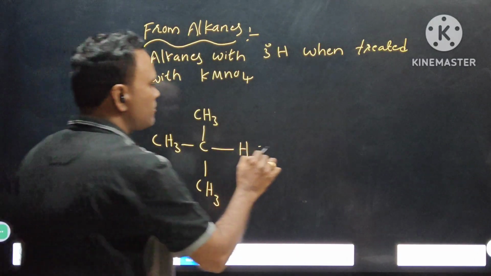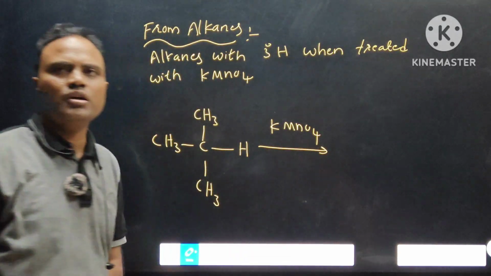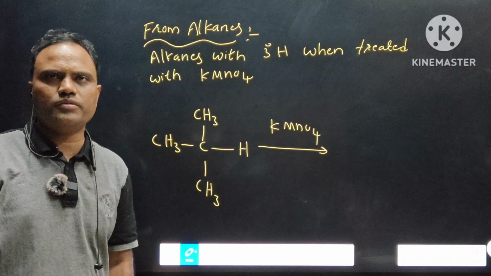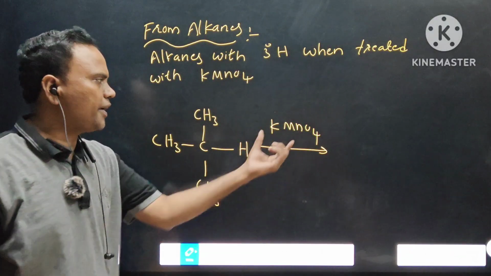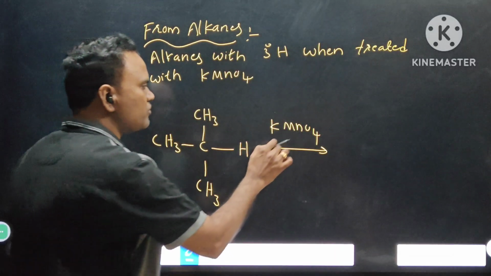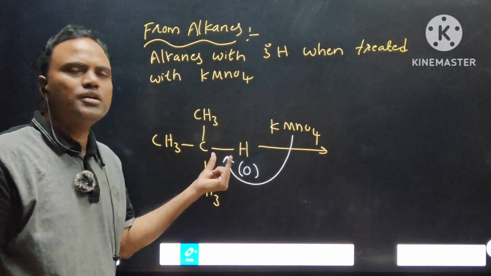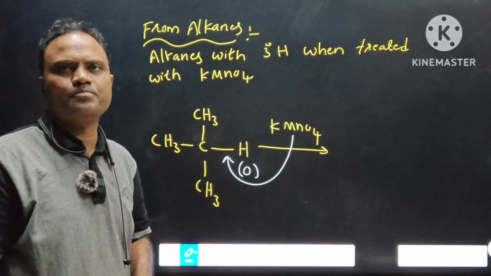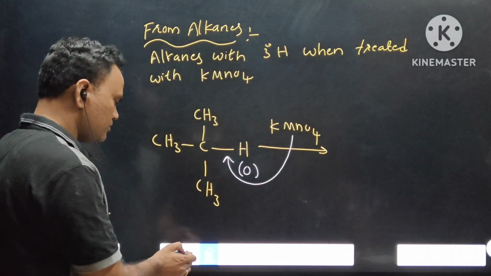Look at this. What happens when we treat this with KMnO4? When we treat an alkane with a tertiary hydrogen, what will happen? KMnO4 is a good oxidizing agent. It releases oxygen, and that oxygen will be inserted between carbon and hydrogen.